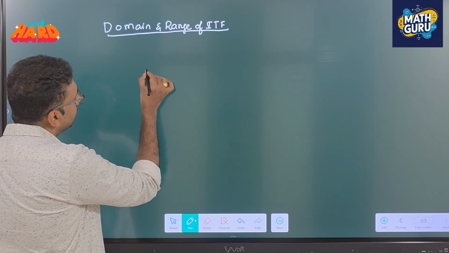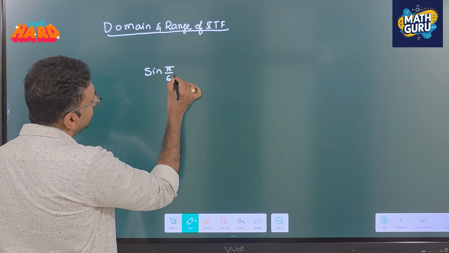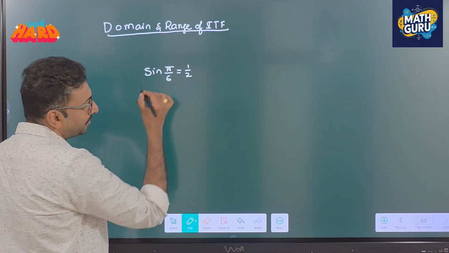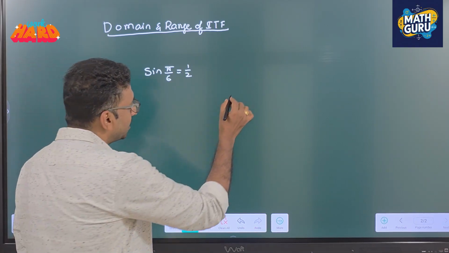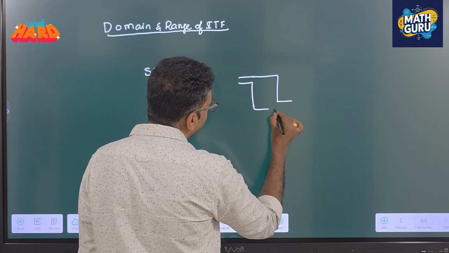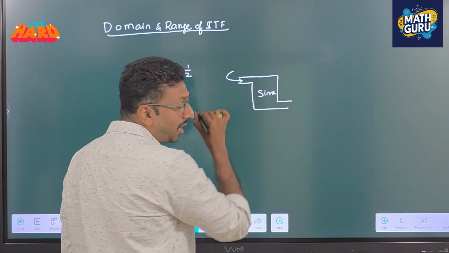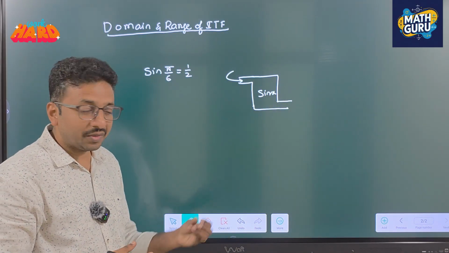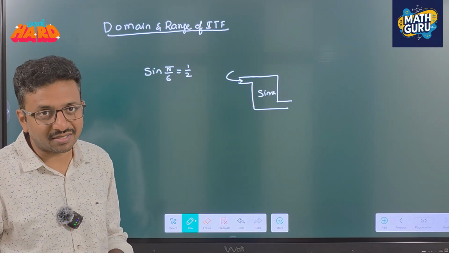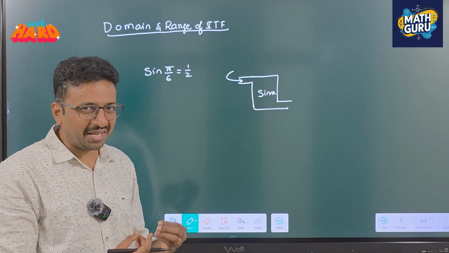For example, sine of pi by 6 is equal to 1 by 2. Sine is a function. You can think of y is equal to sine x as a function. What goes inside sine x? Angles go inside sine x. The angles may be in degrees, the angles may be in radians, or any other measure.